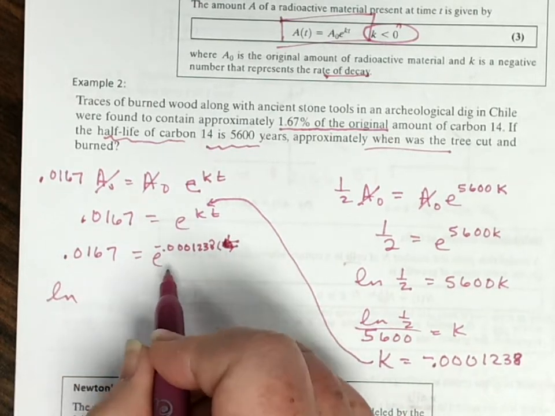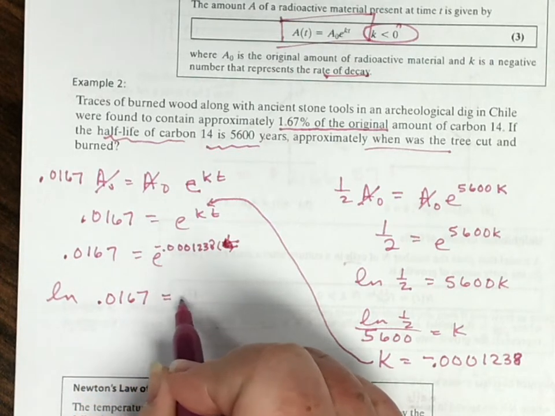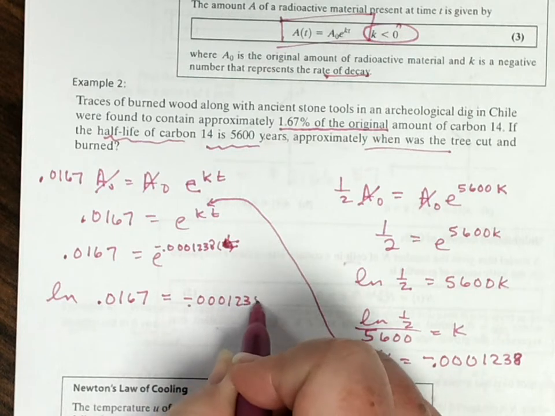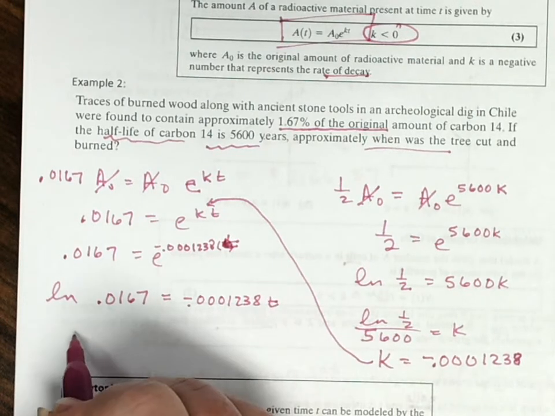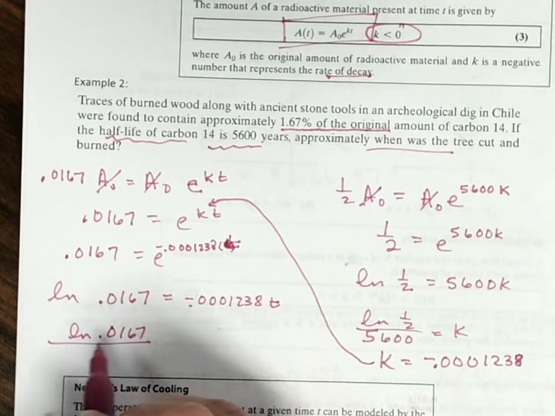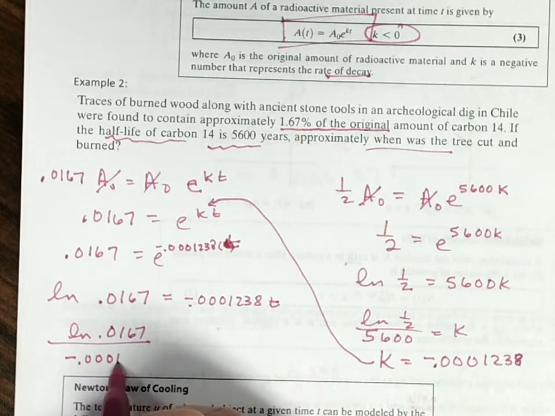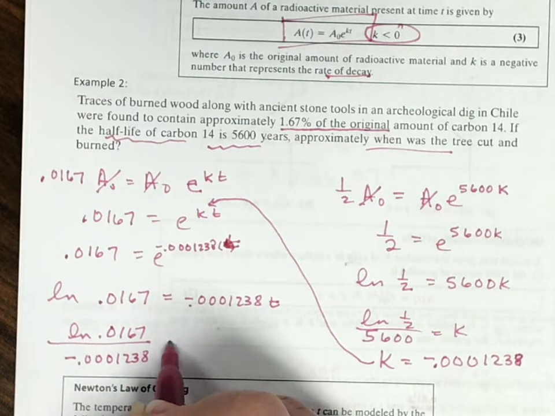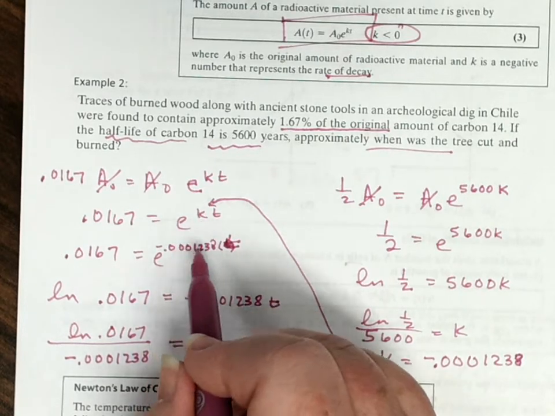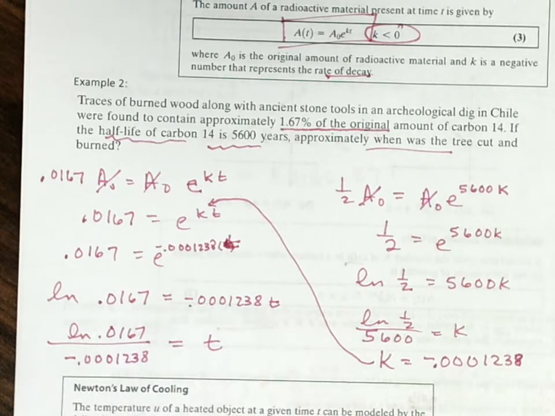Well, the natural log of 0.0167 equals negative 0.000123 t, and the natural log of 0.0167 divided by negative 0.000123 is equal to t. Now, ladies and gentlemen, if you don't want to write that number over and over, you're welcome to put the letter k, but know what it's worth.